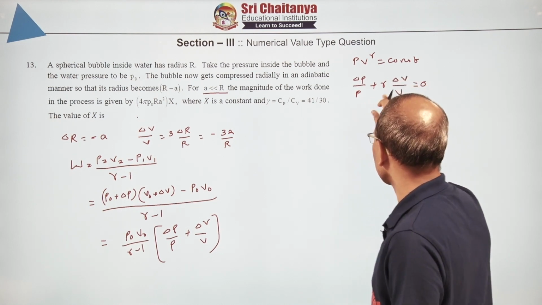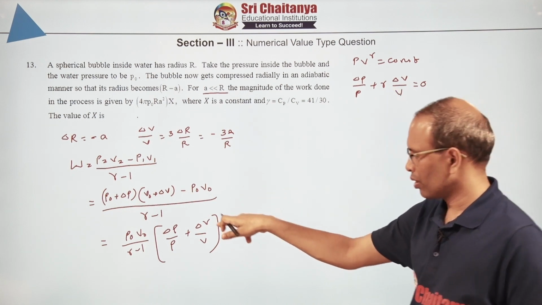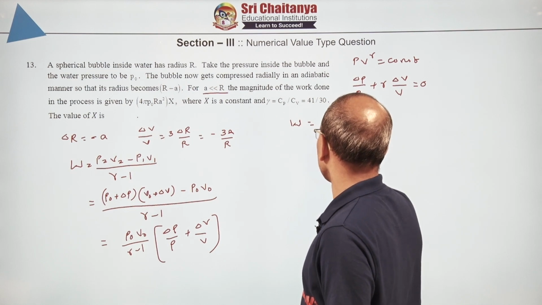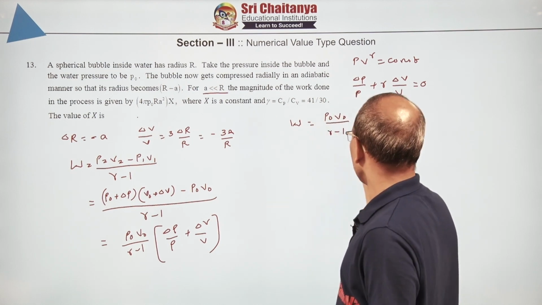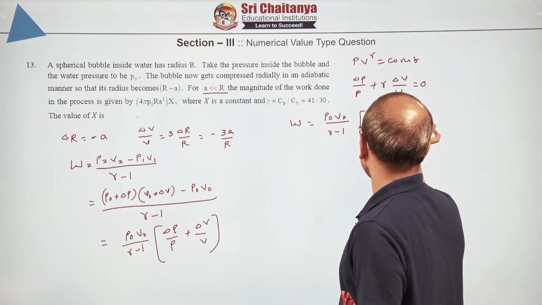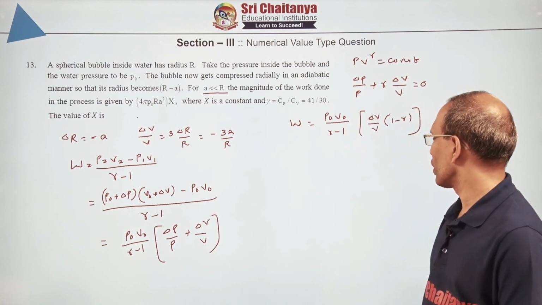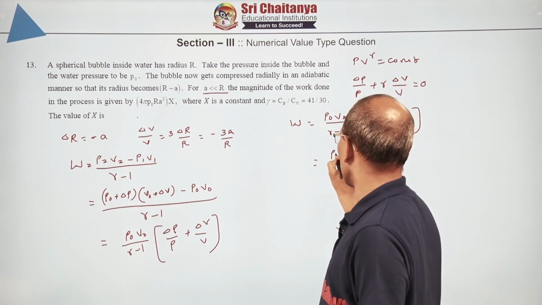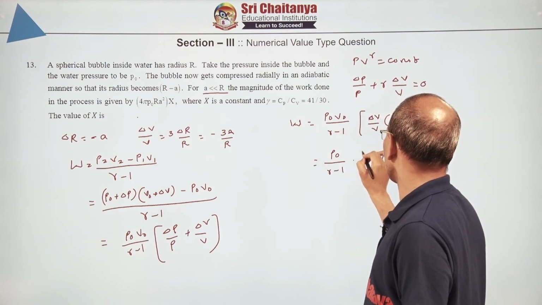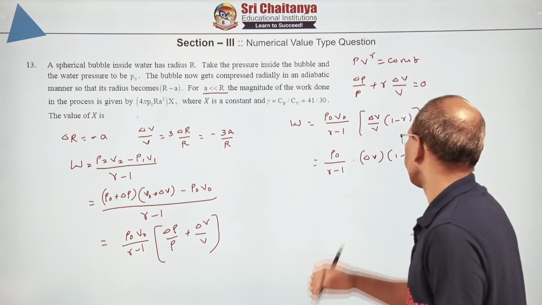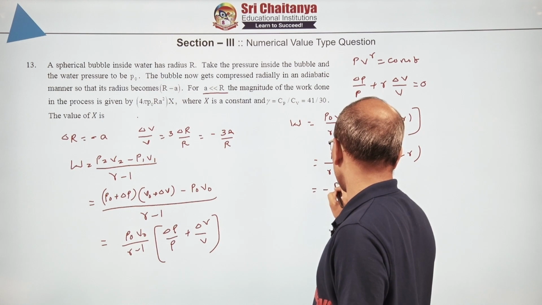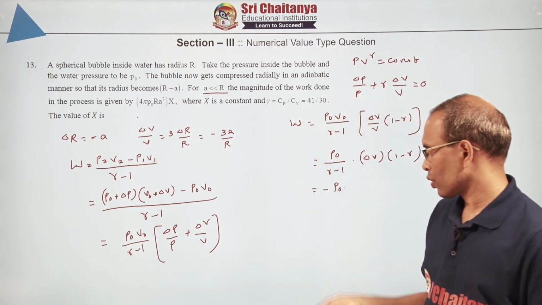So delta P by P is minus gamma delta V by V. So if we put it in this, we get the work done as P naught V naught by gamma minus 1 into delta V by V into 1 minus gamma. Now V naught and V naught get cancelled. So we get P naught by gamma minus 1 into delta V into 1 minus gamma. Okay, now substitute this. So we get this as minus of P naught into delta V. So what is delta V?